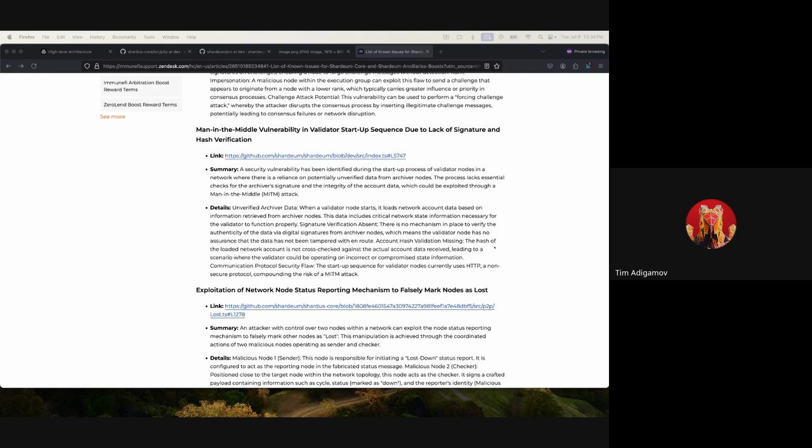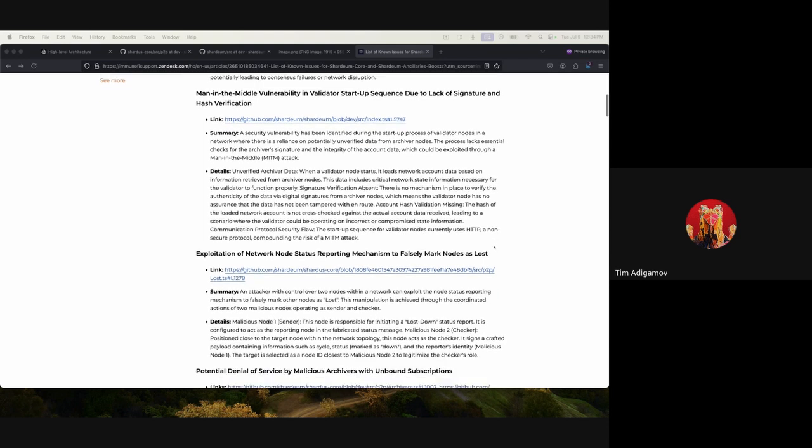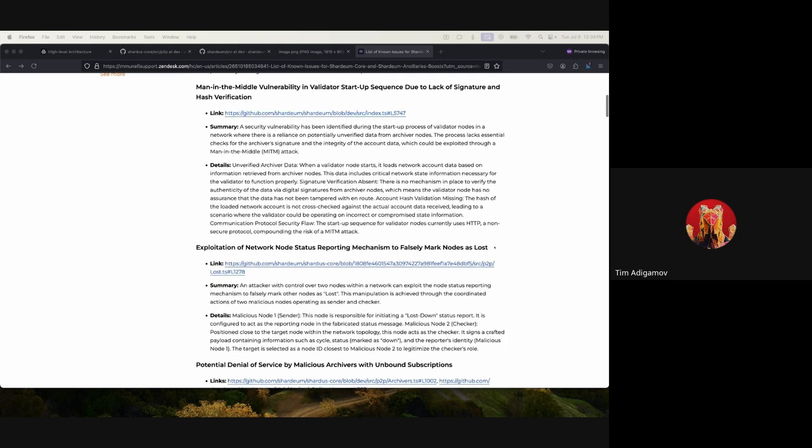So let's go to the exploitation of network node style: reporting false marked nodes as lost. At the current moment, we didn't find a stable solution during the cycle chain. When we have a cycle chain blockchain, nodes are added to and removed from the network, and there is a way to report that a node is lost.